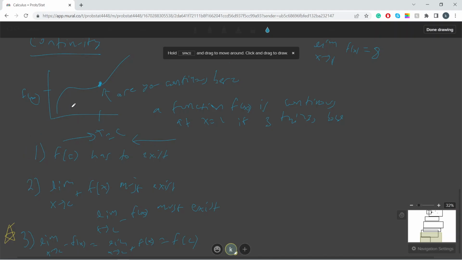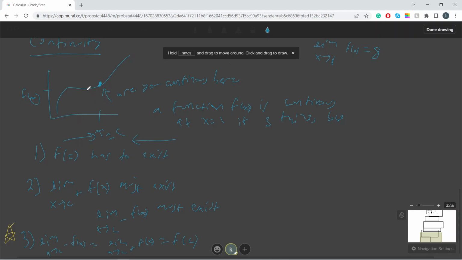The second criteria is telling us that the limit as x approaches c from the right and from the left must exist. That means we can figure out, from the left side as we're getting closer to c, and from the right side as we're getting closer and closer to c, what we are approaching. And the third criteria basically unifies the first and second criteria in an equality statement. The third statement in the continuity definition is saying that when we approach x equals c from the left and from the right, we are indeed reaching the value of f of c.